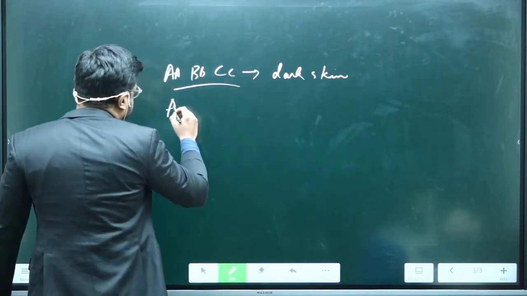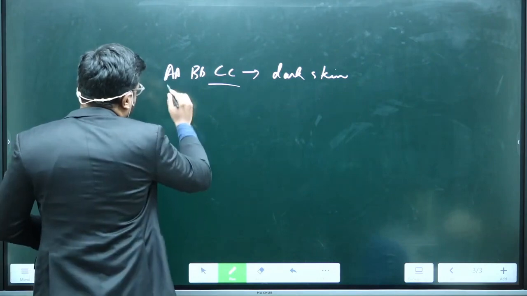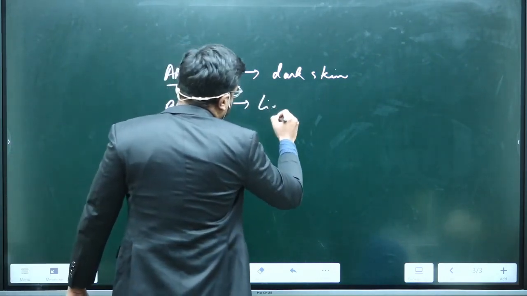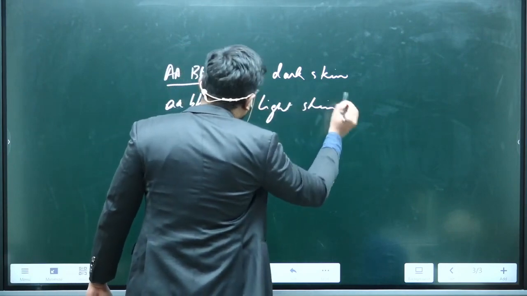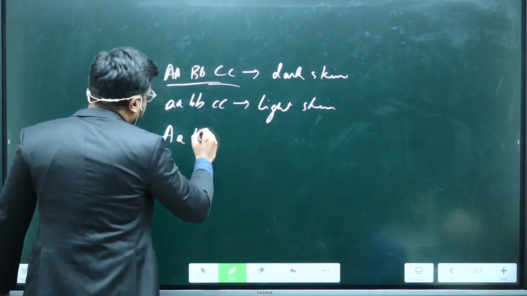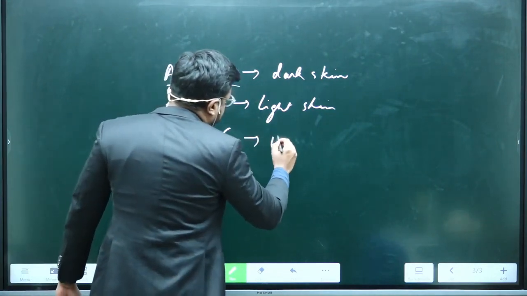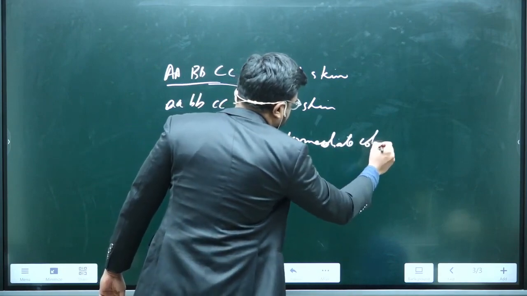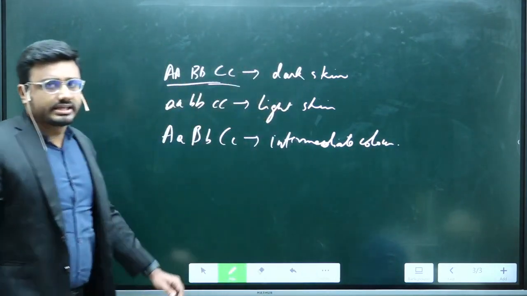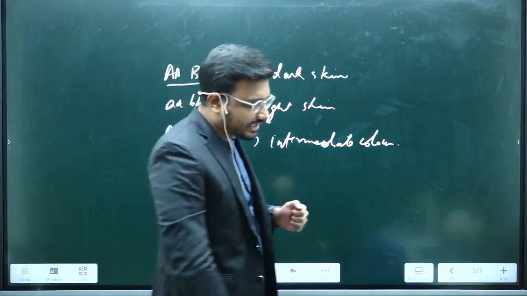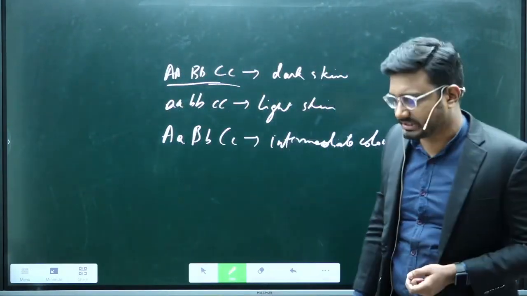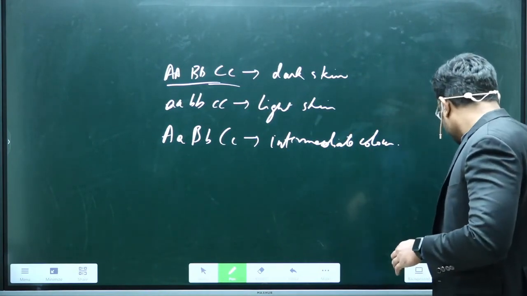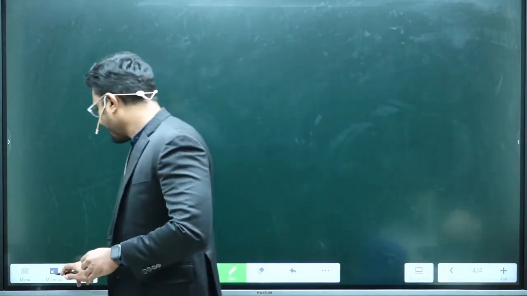Similarly, the genotypes that are homozygous recessive indicate the light skin color in humans, and the intermediate one represents an intermediate color. So we can see that here three genes are contributing towards the skin color in human beings. So this is what is meant by polygenic inheritance. Now let's move ahead with the next concept.